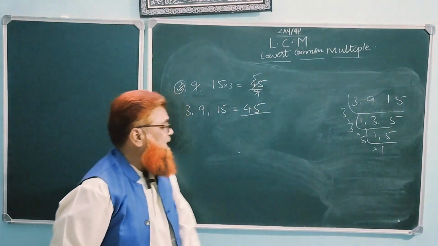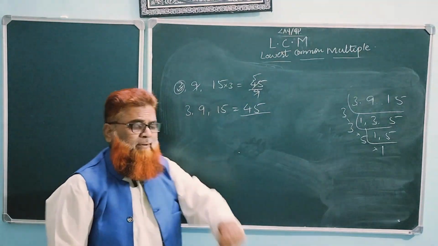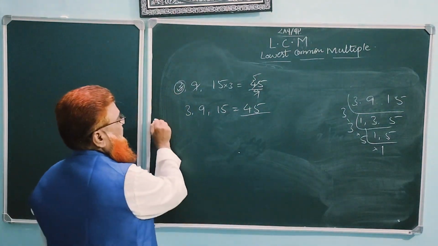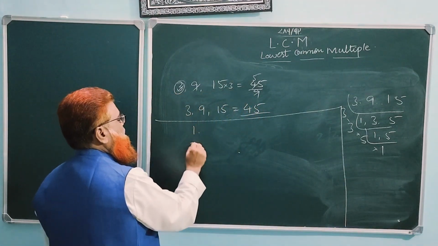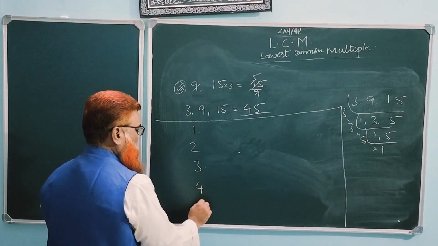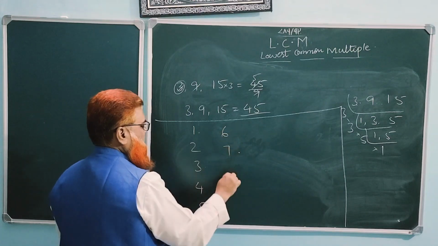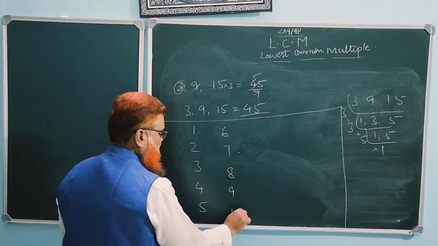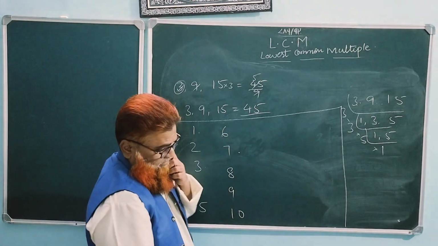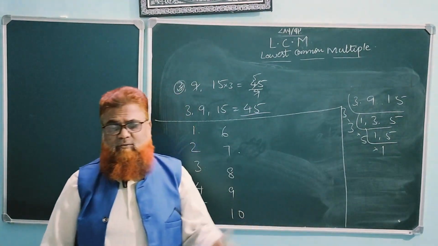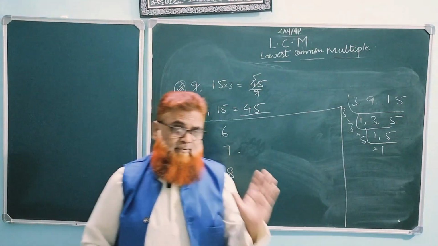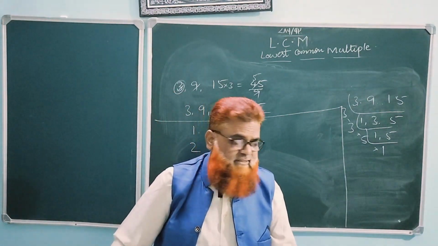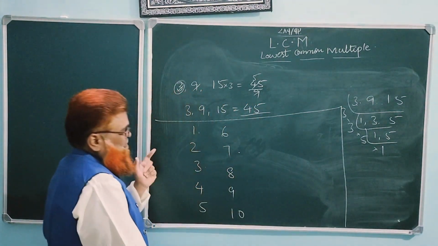Coming to the next thing. Remember that if we write the numbers 1, 2, 3, 4, 5, 6, 7, 8, 9 and 10, what have I written? I have written the natural numbers, the counting numbers. The purpose behind writing these numbers, viewers, is that I want to show something important.